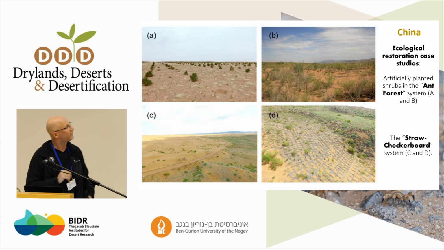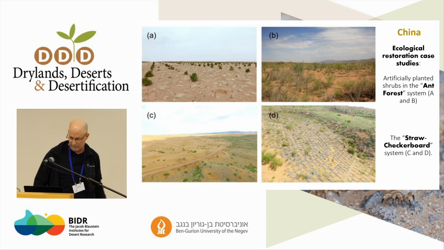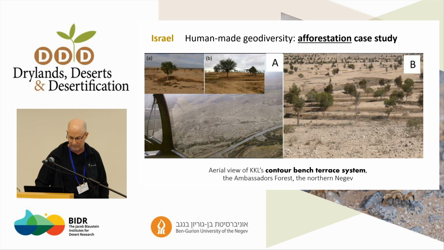One is ant forest in the top two pictures, and the second is straw checkerboards in the lower pictures. Unfortunately for these two case studies, I don't have preliminary results to present, but for the Israeli side, we also have two case studies.